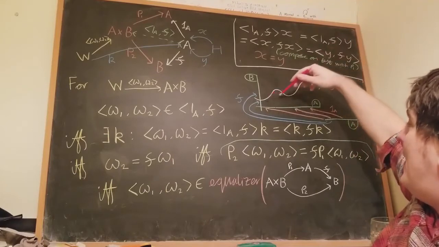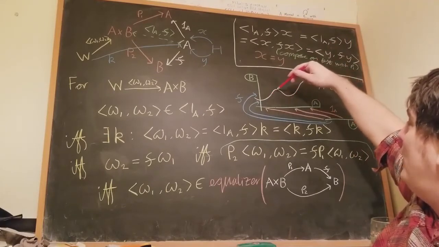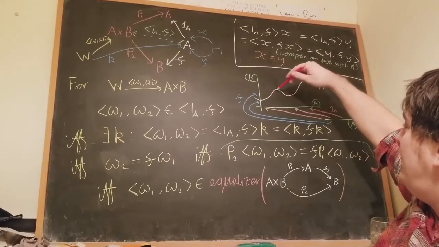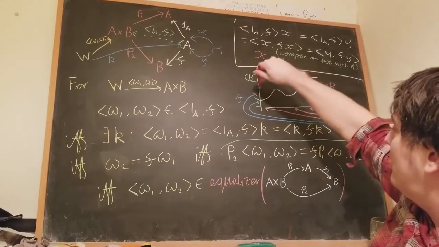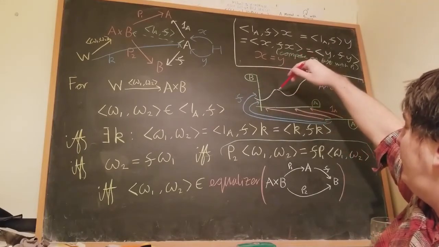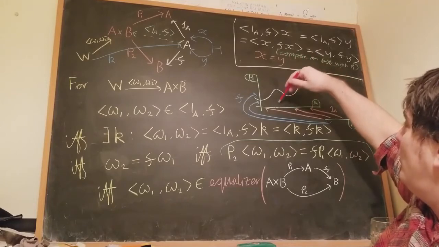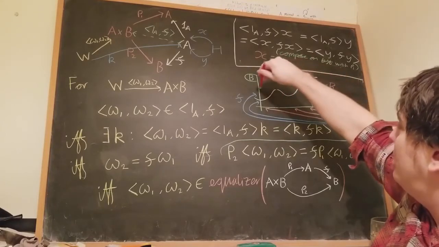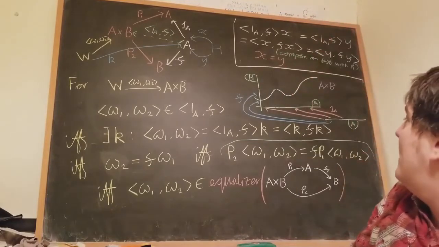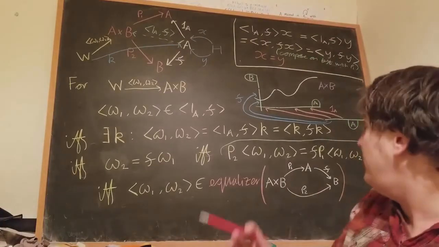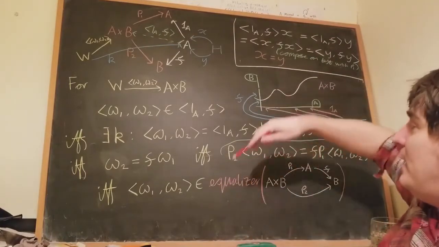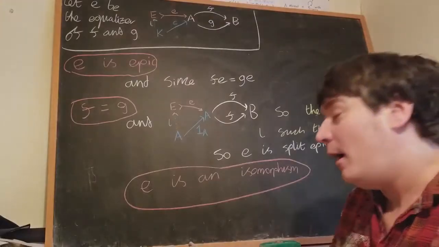Well, these points are such that if you take the second coordinate, you get the same result as if you take the first coordinate and then do f on it, okay? So we see that this has a kind of geometric interpretation as well.